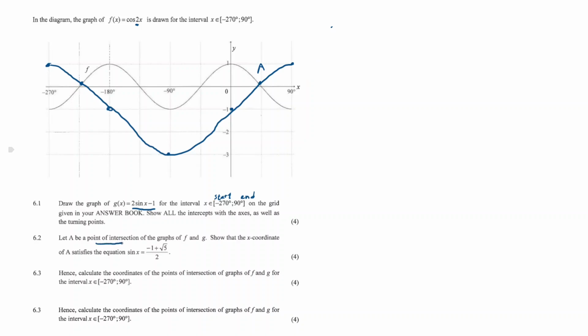So point of intersection, before I'm panicking about this, I'm just going to make the one graph equal to the other graph. This would be difficult for grade 11 to do, but for grade 12s, you would notice this is a double angle. And so you've got three options. Which is the best one? Well, because you're dealing with sine, the best option that you could choose would be the graph that has to do with sine x.